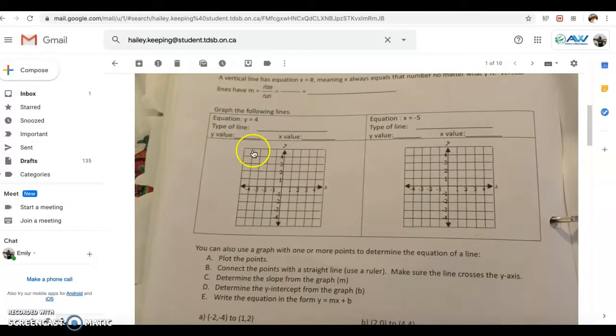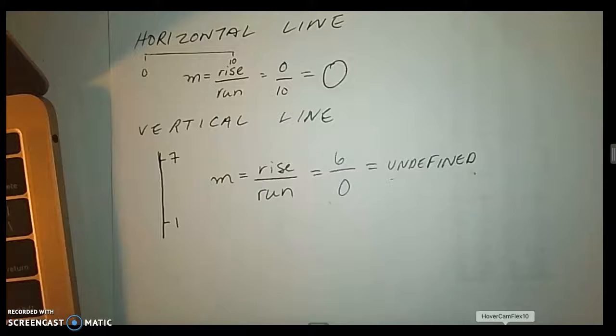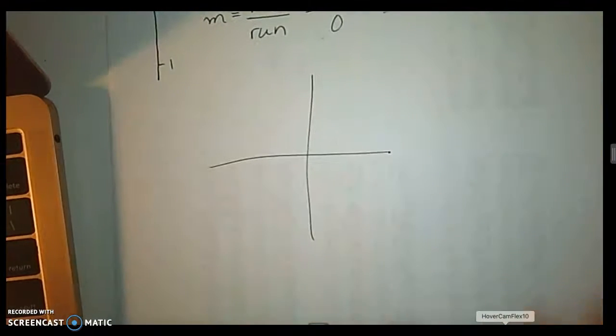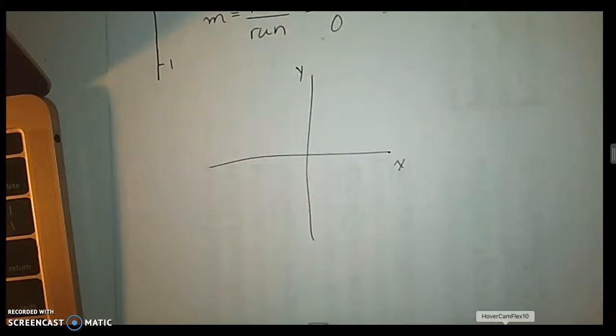Graph the following lines. So then it gives you these equations of lines that are a little bit weird. The first one, y equals 4, and the second one, x equals -5. So if I go back over here, so here's my Cartesian grid, y and x.